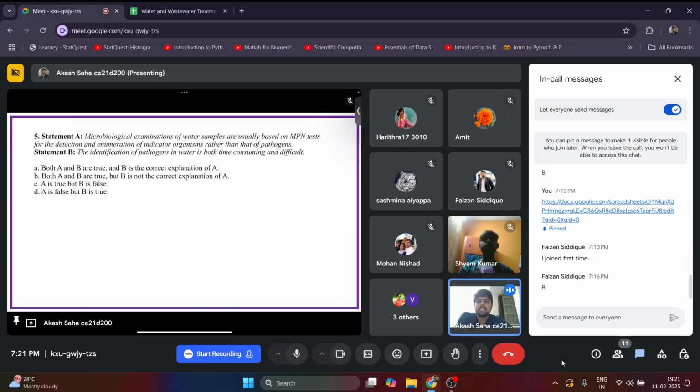And next it is saying that the identification of pathogens is very time consuming and difficult. So you have to tell me whether these statements are true or false, or how they are related to each other. C. A is true, B is false. Next is A. Both are true and B is the correct explanation of A. Okay, any other answer?